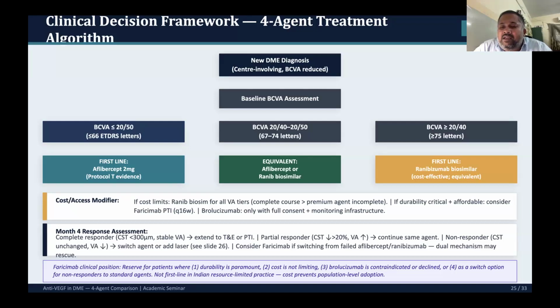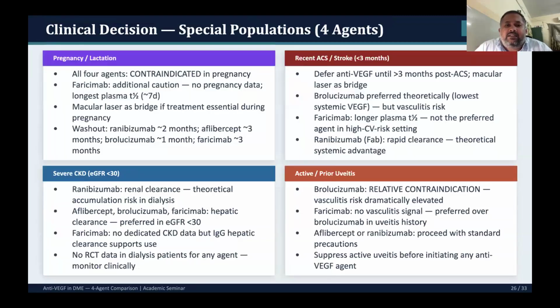And if durability is critical, plus affordability also, consider faricimab. If you want durability and it is affordable to you, you can consider faricimab and brolucizumab only with full consent and monitoring infrastructure. So again, this comes back to the clinical data.